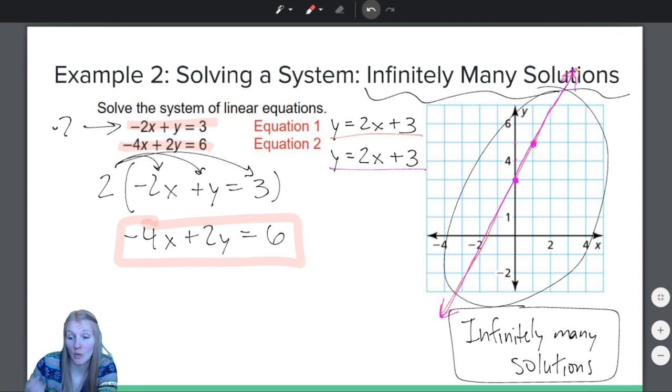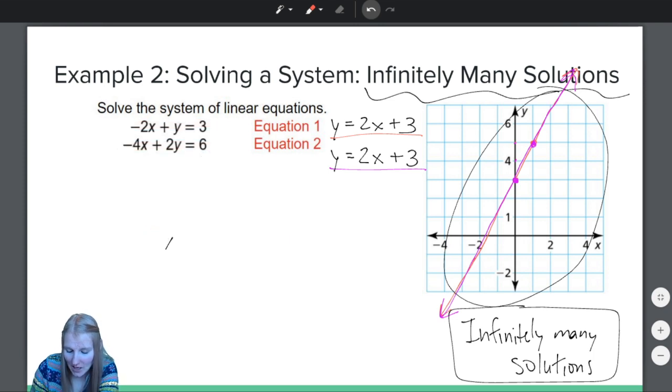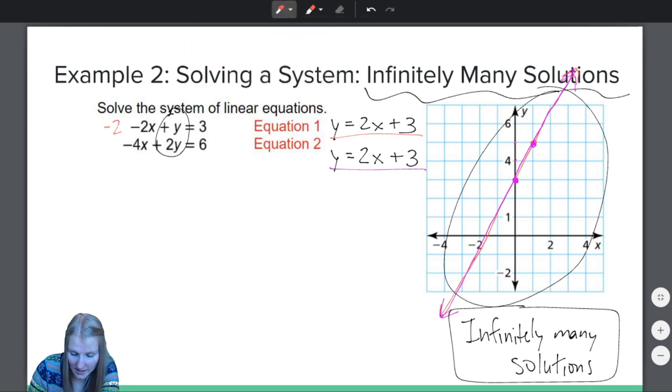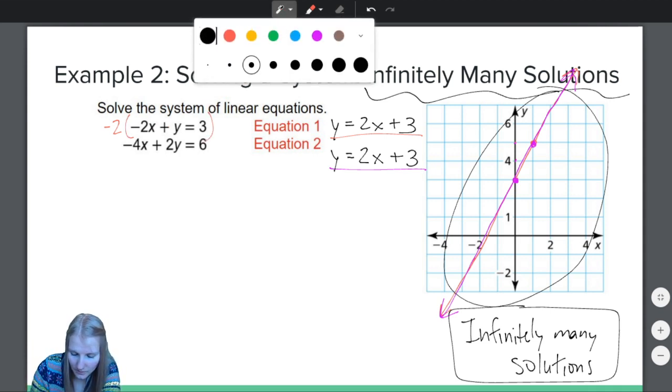Okay, so the last way that we could see this, if we have time, so let's do it, is if I decided that I want to solve the system using elimination. So I look at my y's and I say, if I multiplied the top equation by negative 2, I would get negative 2y on top, and that would be the opposite of 2y. So let's multiply the top equation by negative 2.